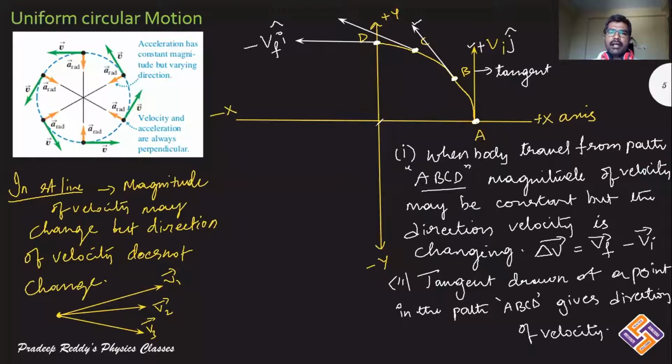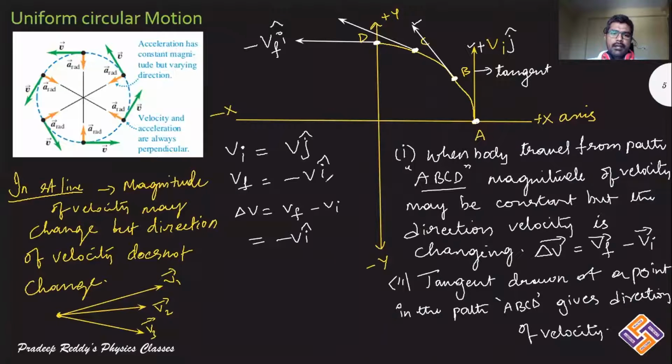Initial direction is v j cap, represented along the positive y-axis, and finally at position D, velocity is along i. Therefore I can simply write v initial is equal to v j cap, v final is equal to minus v i cap. Change in velocity is equal to v final minus v initial. V final is minus v i cap, minus v initial is v j cap.